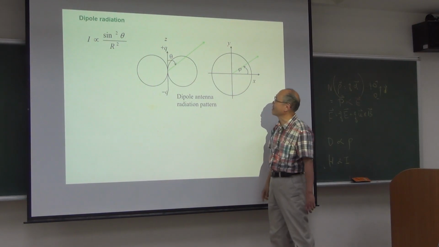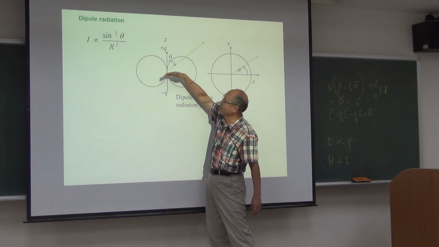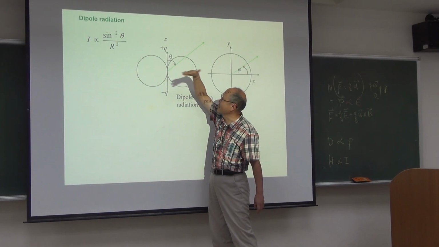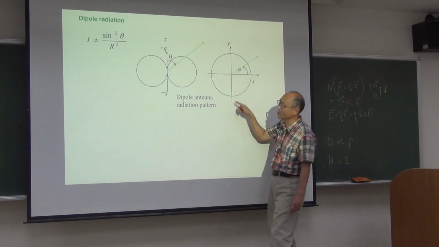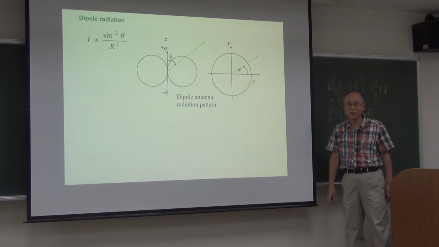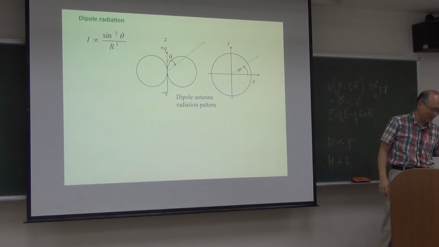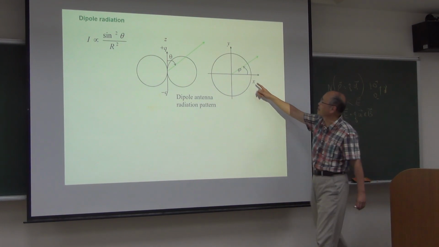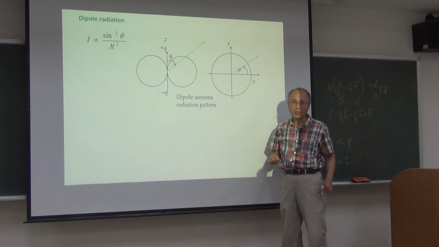If you cut it along this plane, you don't have any structure in the radiation. Basically, it's just isotropic.